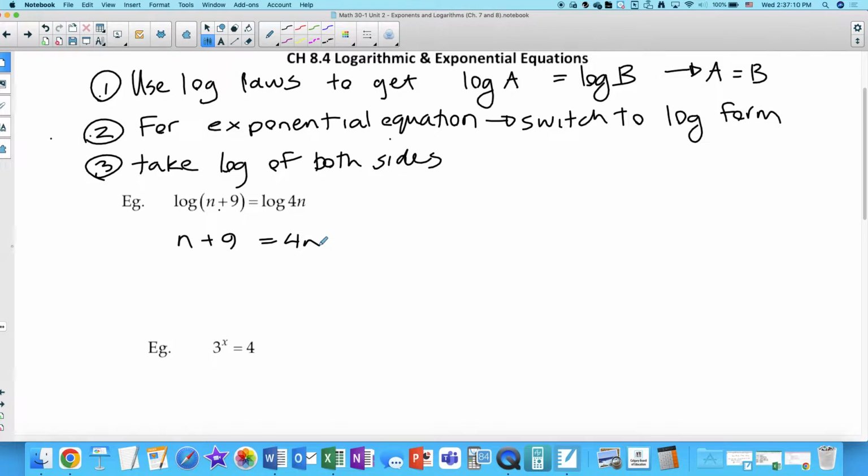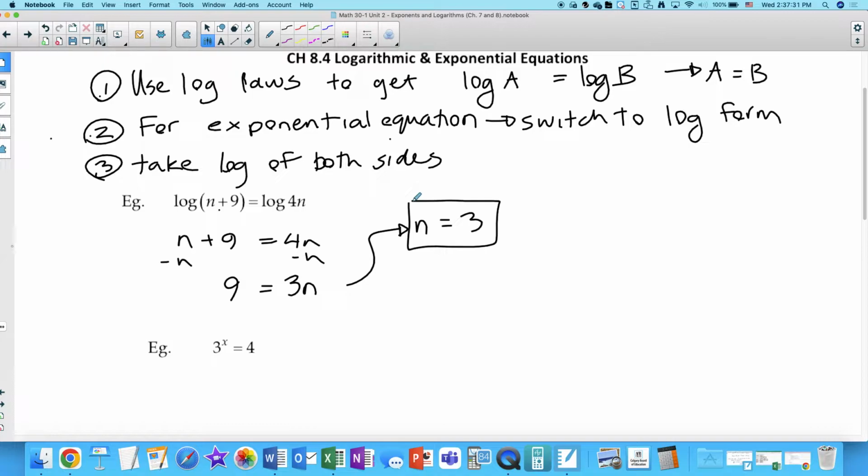It's almost like dropping bases when you're working with an exponential equation. And now this is linear, so we can solve this. I'm going to subtract n from both sides, and I'm going to get 9 equals 3n. So n equals 3.